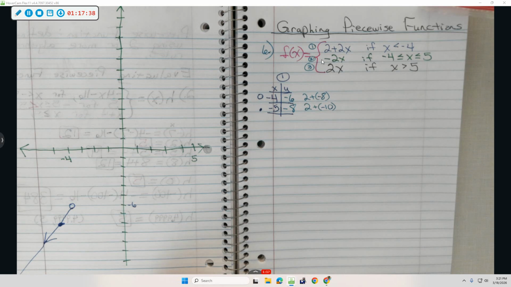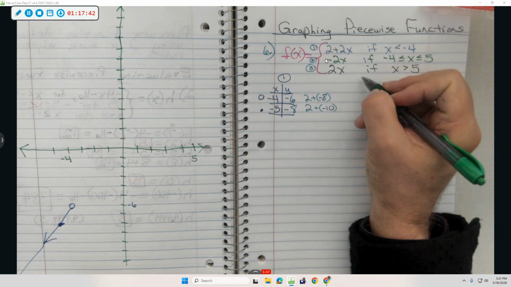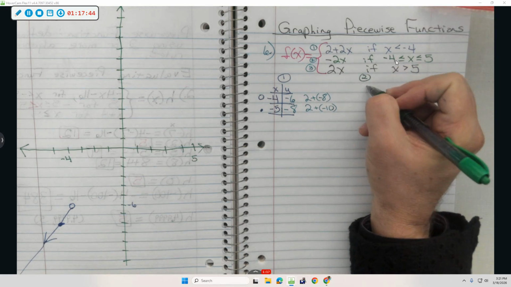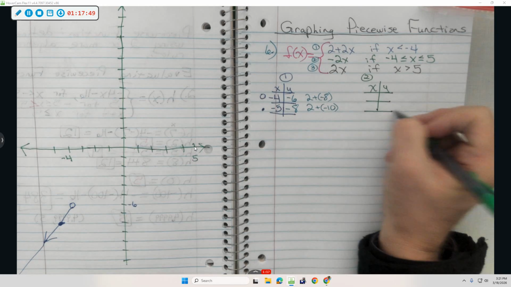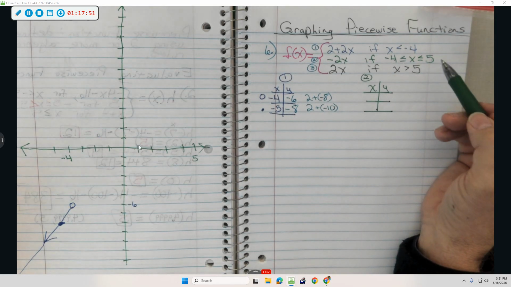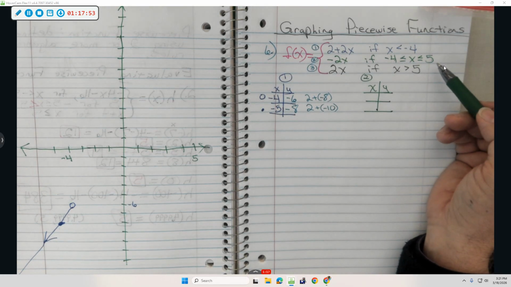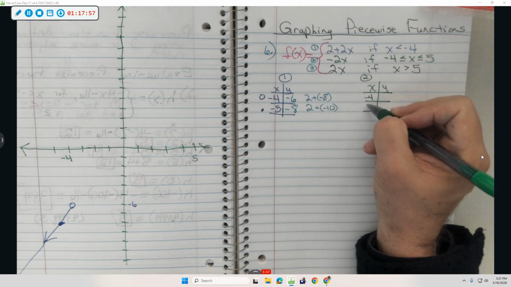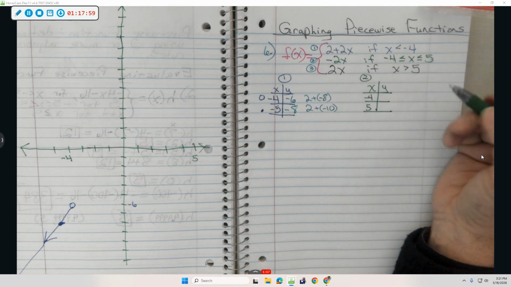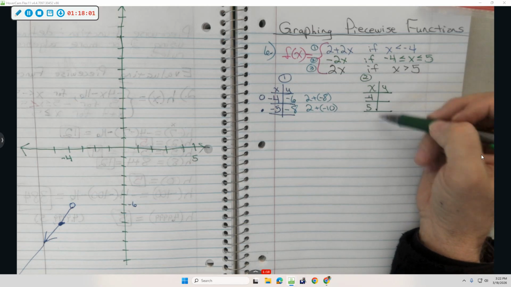Now the second piece. This will be the green piece, piece number 2. And it's going to be between -4 and +5. Any numbers that appear in the inequality, you have to plug those in for x. So you have to use -4, you have to use +5, and you don't have to choose another value on your own.